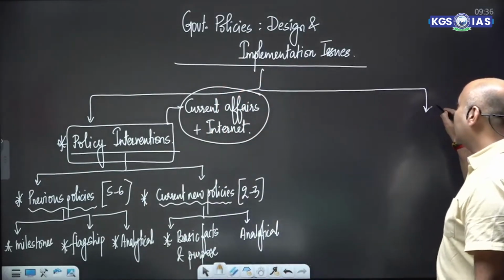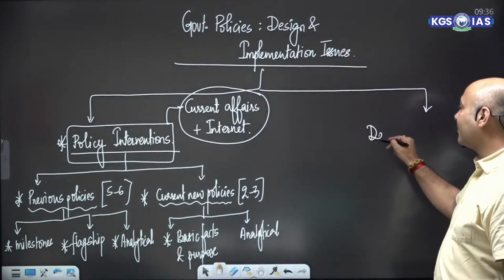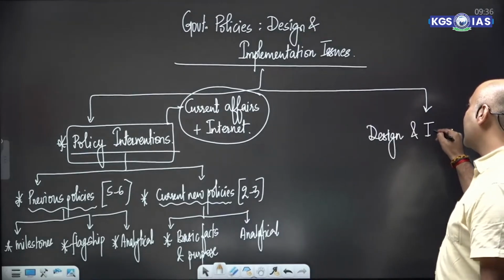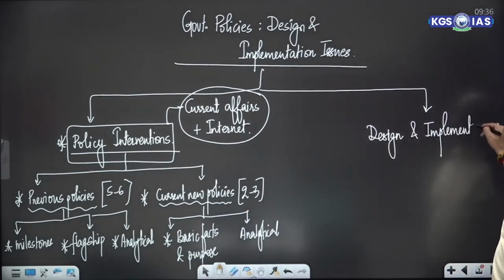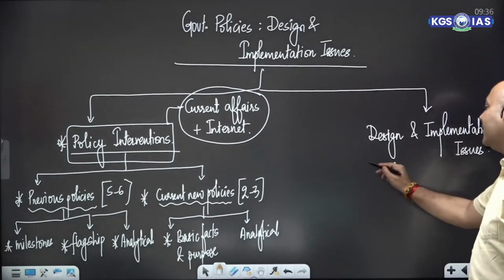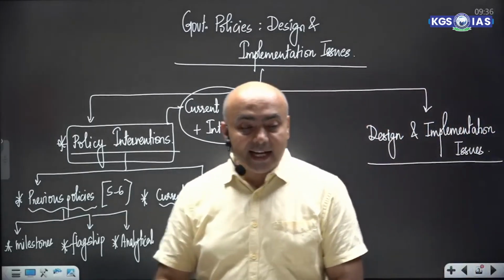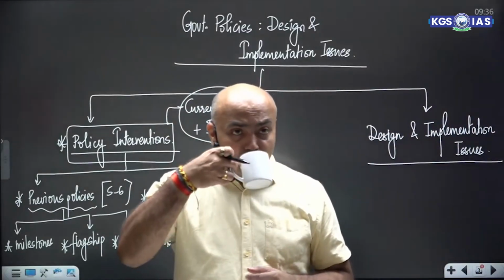Anyways, ठीक है, तो एक पार्ट हो गया ये. दूसरा पार्ट, now the second part is design and implementation issue. Now, when we say design and implementation, what do we mean by this?